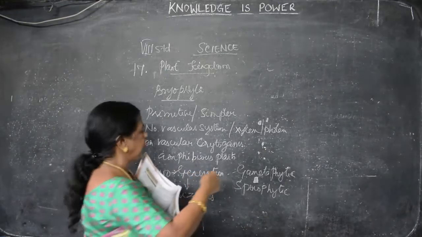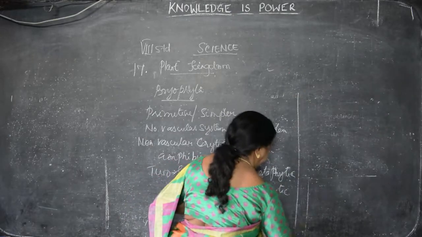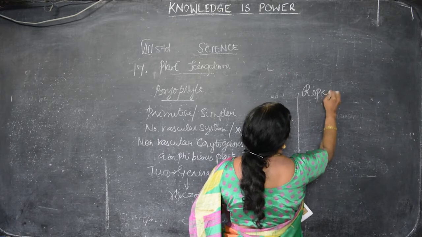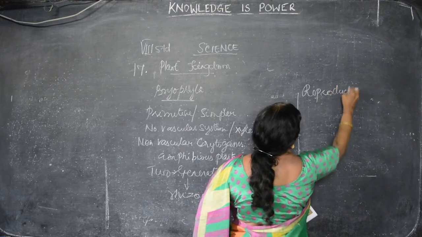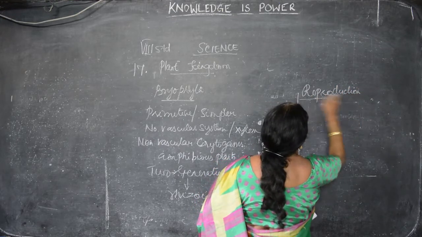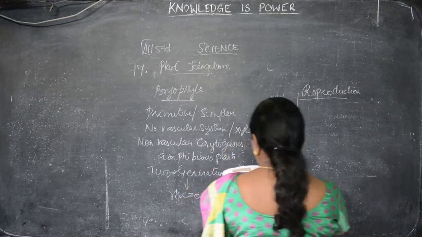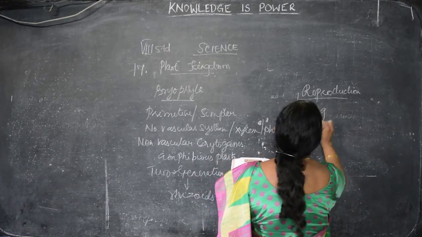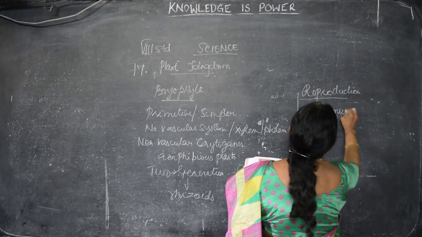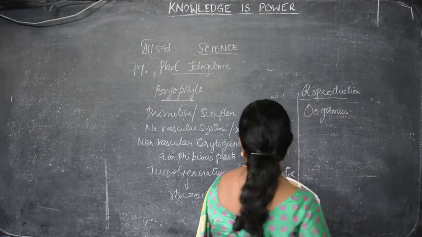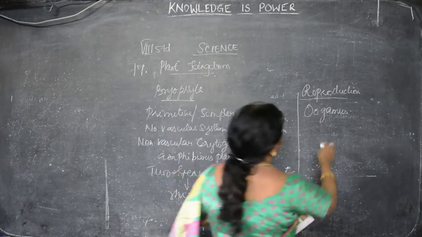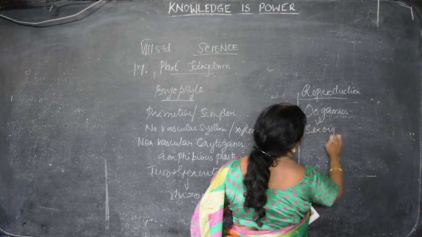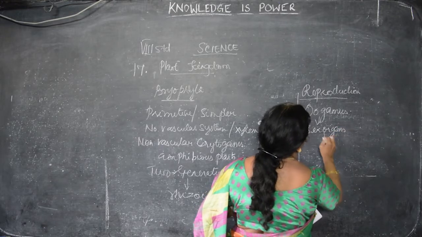Sexual reproduction, now we have to go for reproduction. Reproduction by oogamous. Oogamous type of reproduction. They develop sex organs, that is gametes. So what are the things?